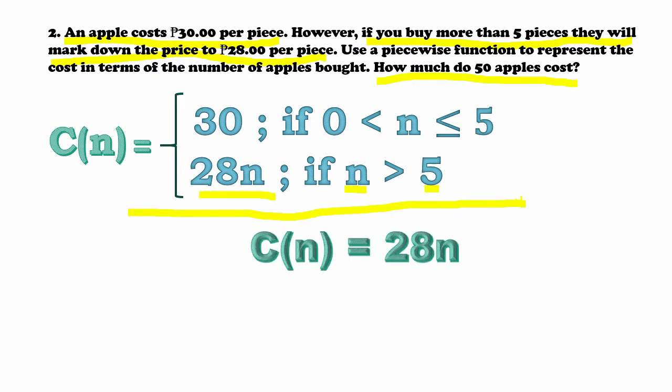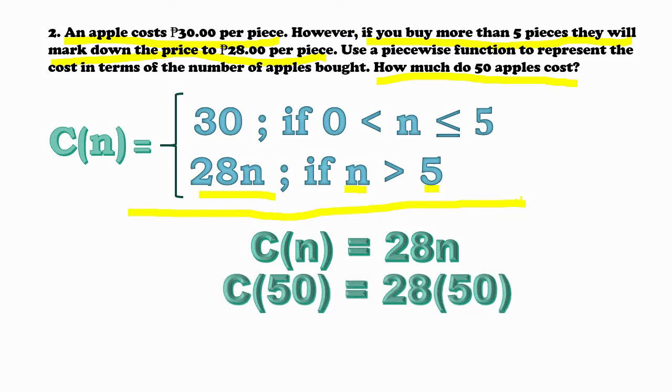C of n is equal to 28n. Since we are going to find the cost of 50 apples, C of 50 is equal to 28 times 50 pieces.